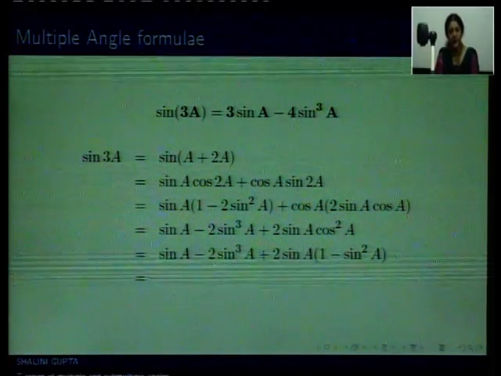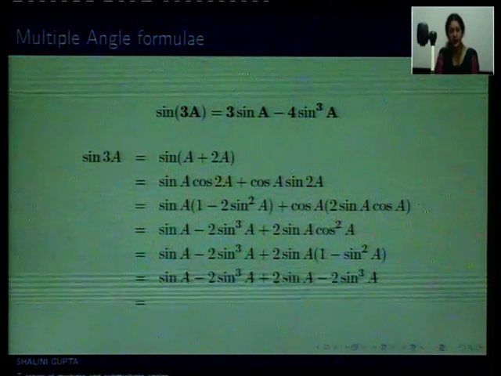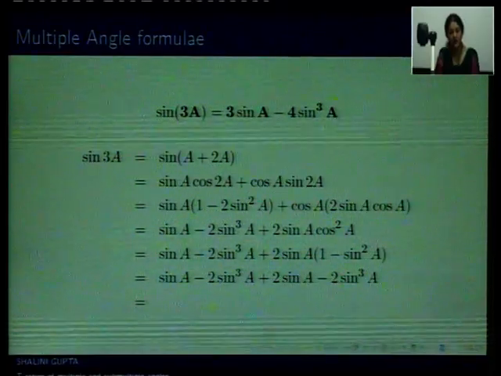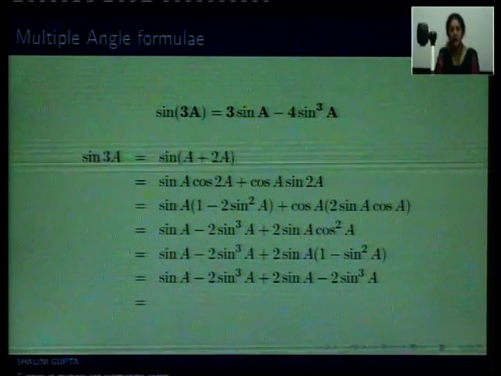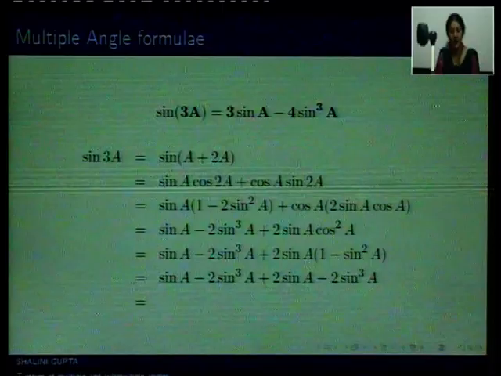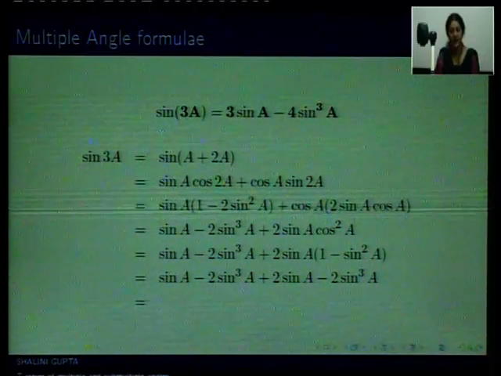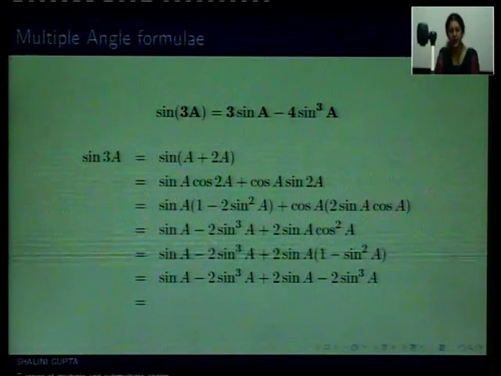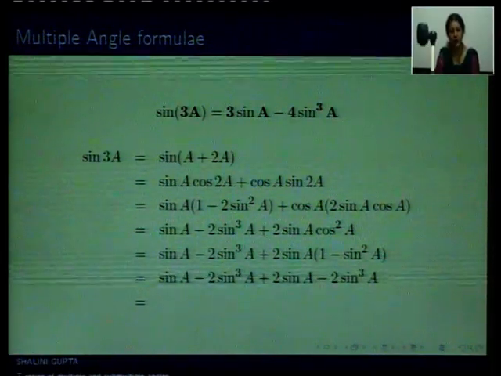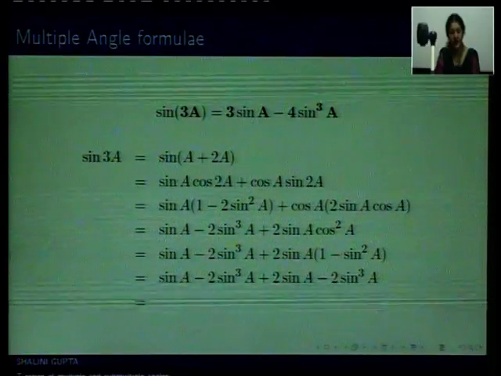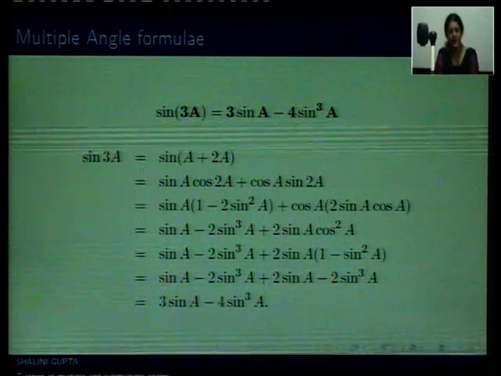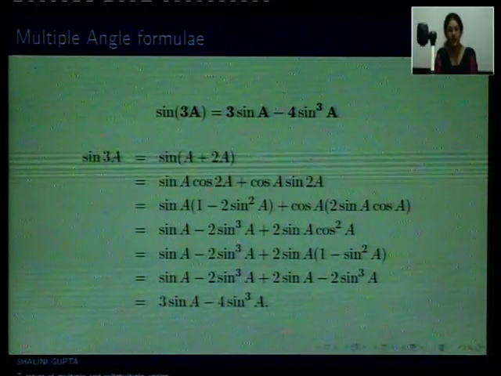Simplifying, this is equal to sin a minus 2 sin cube a plus 2 sin a minus 2 sin cube a. Now sin a plus 2 sin a becomes 3 sin a, and minus 2 sin cube a minus 2 sin cube a becomes minus 4 sin cube a. So the final expression for sin 3a is 3 sin a minus 4 sin cube a.